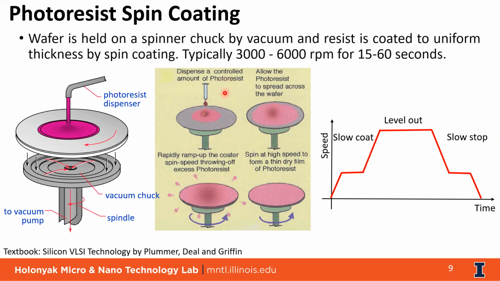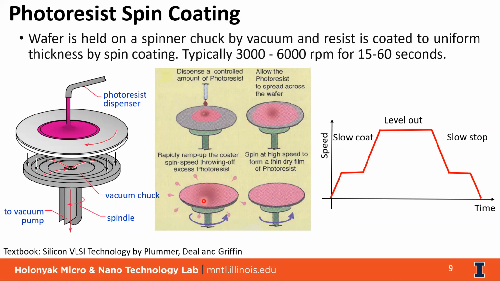Typically the photoresist spin coating happens in four different stages. The first stage is where you place your wafer and dispense the photoresist. In the second stage, we slowly increase the RPM with slow acceleration. In that period of time, the photoresist eventually spreads across the wafer slowly and uniformly.